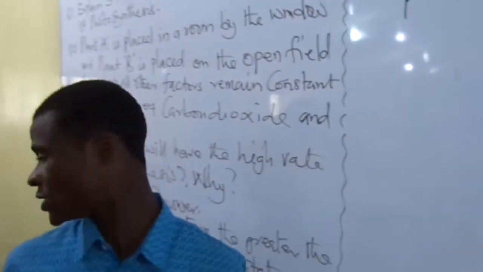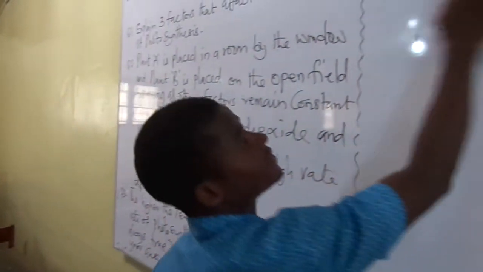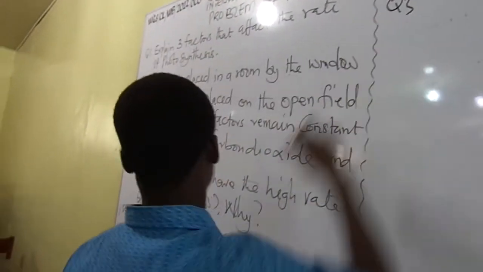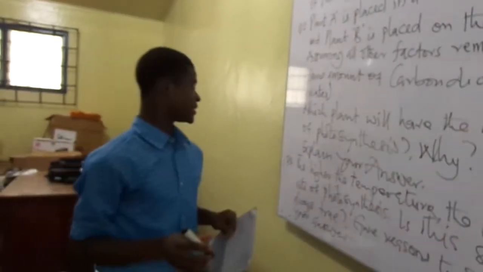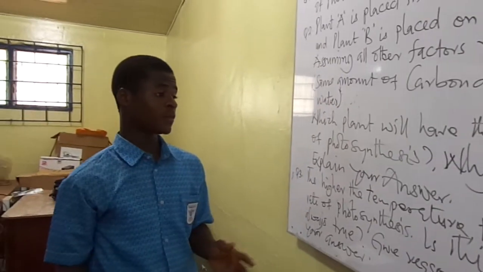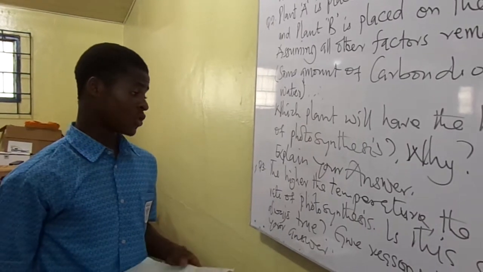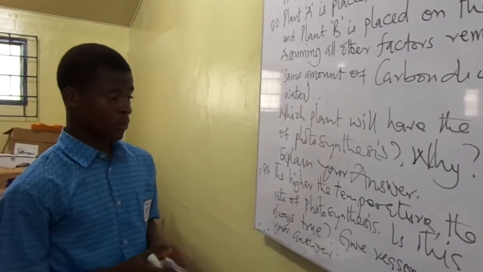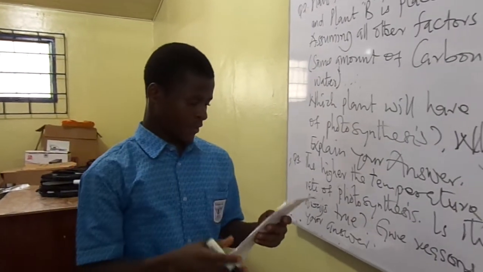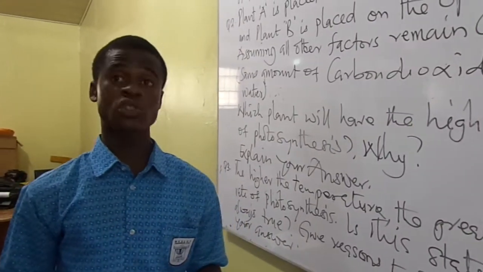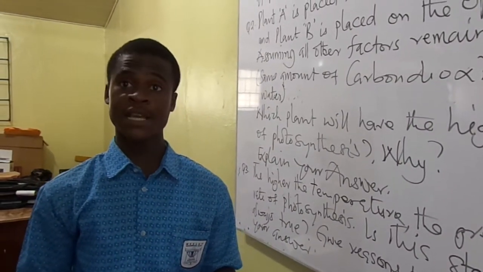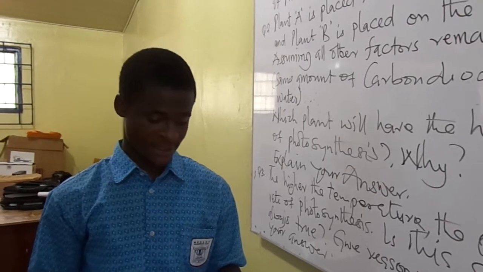Then we move to the solution for the third question. Question 3 states, the higher the temperature, the greater the rate of photosynthesis. Is this statement always true? Give reasons to support your answer. This statement is not always true, even though temperature speeds up the rate of photosynthesis.